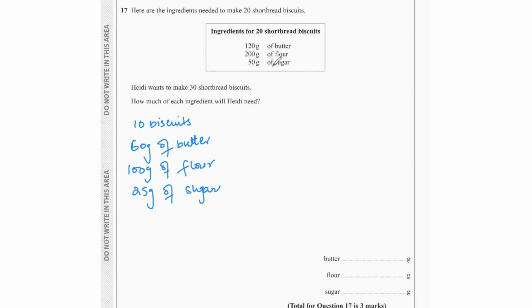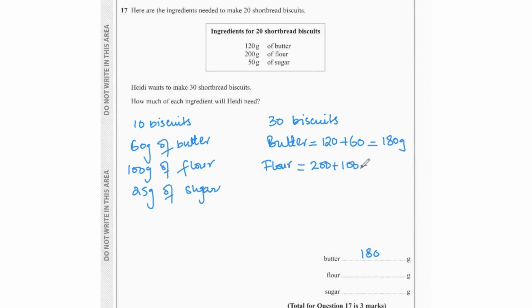So for 20 biscuits, this is the amount of ingredients we need, and for 10 biscuits, this is the amount that we need. So for 30, it's going to be the sum of these two. So for 30 biscuits, butter is going to be 120 plus 60, which is 180 grams. So that's your butter. For flour, that's 200 plus 100, which is 300 grams.